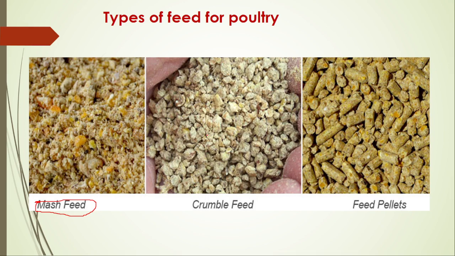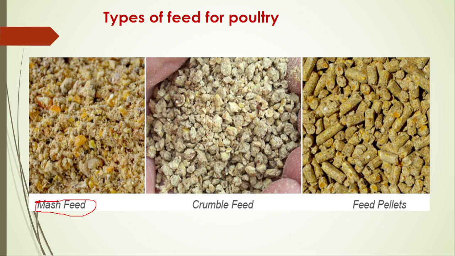So some chicken keepers use crumble to bridge the gap between the mash and the pellets, and it is used popularly by backyard or house farmers who rear their fowls in their backyard. They love to feed their fowls this kind of feed, that means the crumble feed.